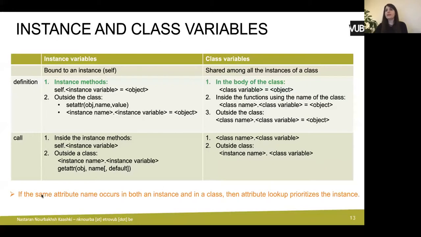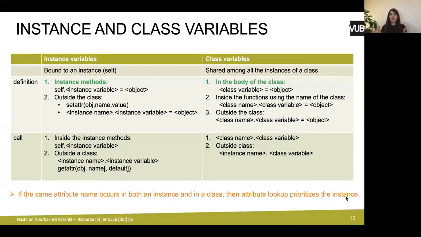If the same attribute name occurs in both an instance and in a class, then attribute lookup prioritizes the instance. So you should not have an instance variable and a class variable inside the class with the same name.